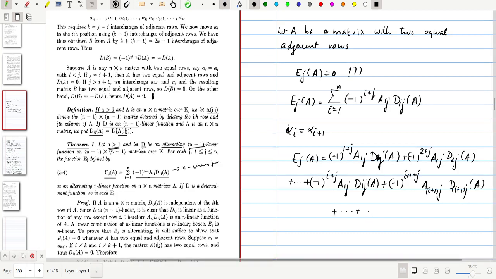The last term will be minus 1 to the power n plus j, a_nj, d_nj of A. Okay, our assumption is the ith row and the (i plus 1)th row are the same.